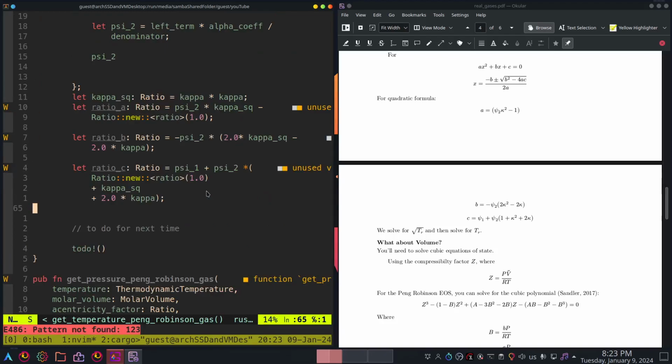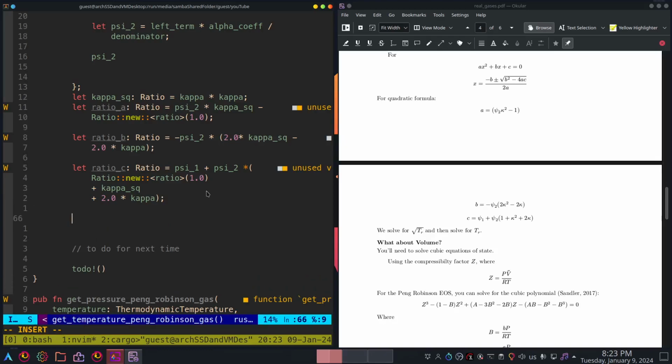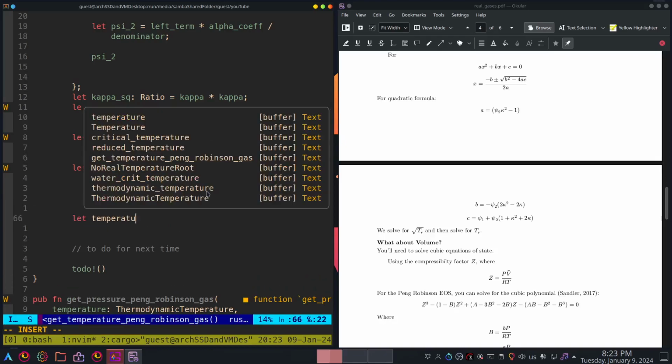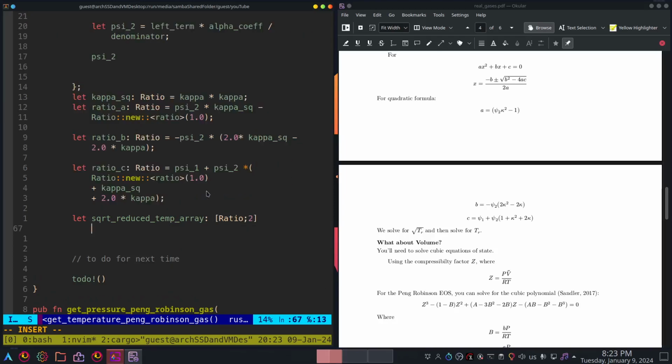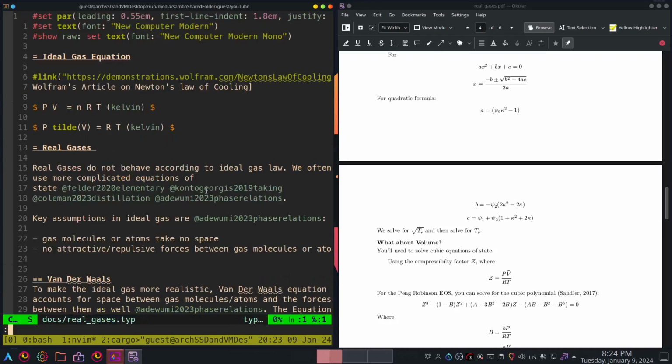So we have ratio A, B, and C. Okay, so let temperature array, or square root reduced temp array, and this will be what? An array of ratio with a size of 2. This will be equal to what?